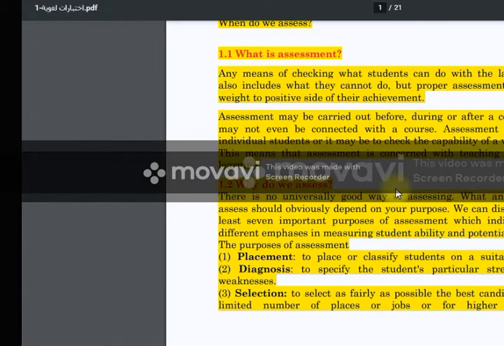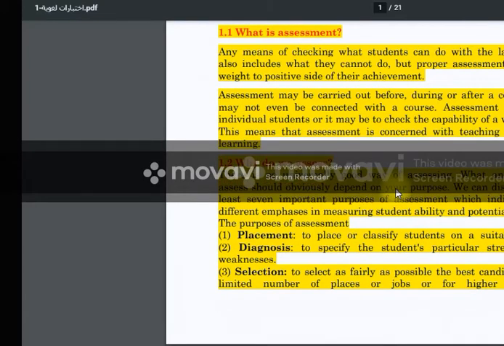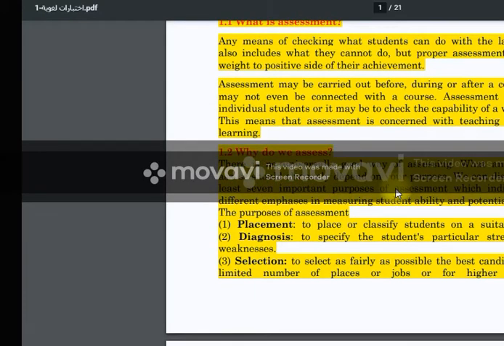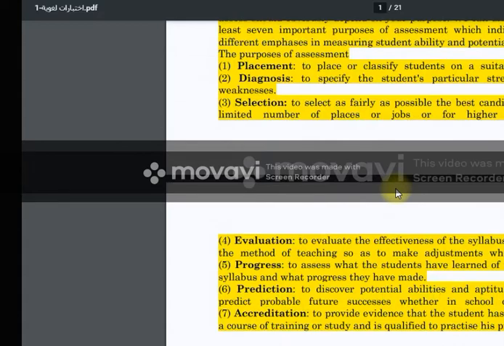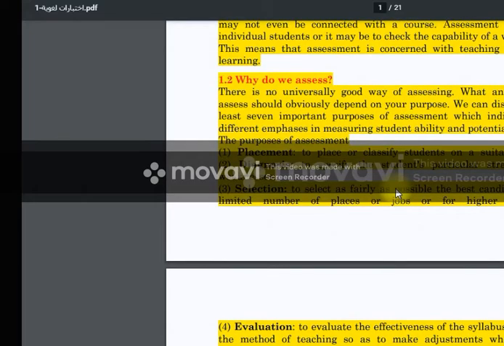Number 4, we conduct assessment for the purpose of evaluating the effectiveness. Effectiveness of what? Of the syllabus, as well as the method of teaching implemented throughout a specific semester.